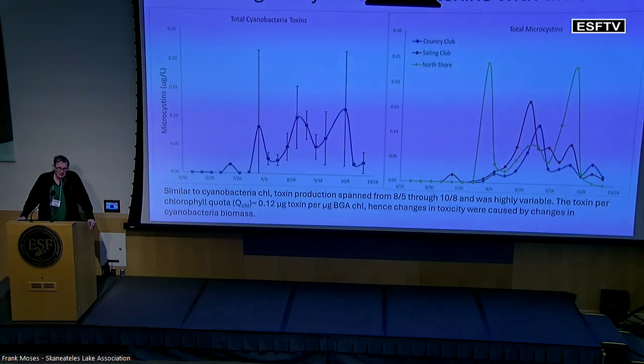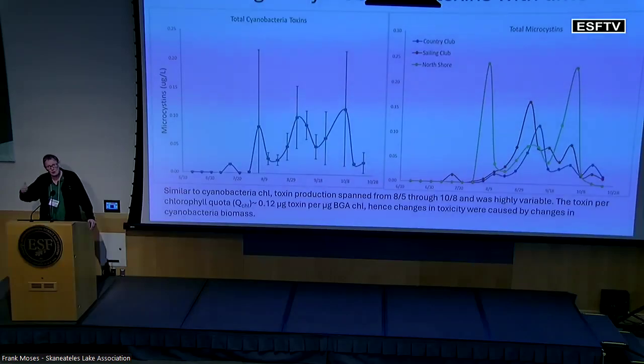Just for kicks, we took the cyanobacteria chlorophyll and the toxin concentrations, and you can calculate what's called a cellular quota. Normally you would do that on toxin per cell, but you can also do a chlorophyll-based cellular quota, so you get the amount of toxin per cyanobacteria chlorophyll.